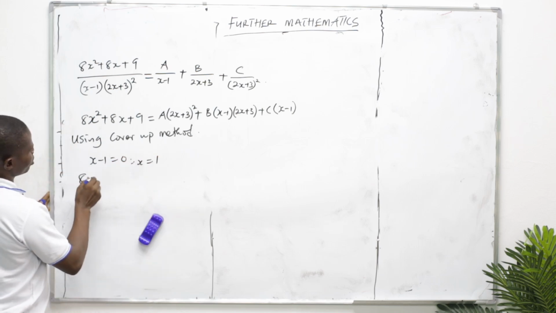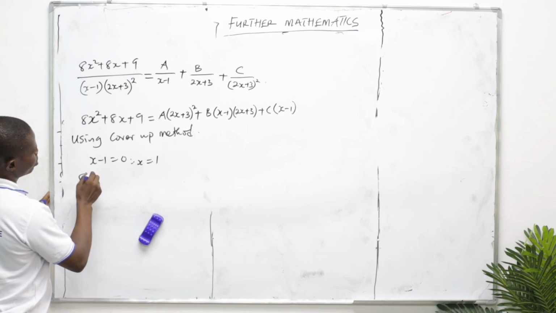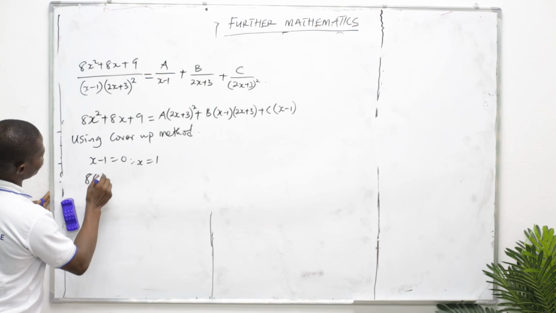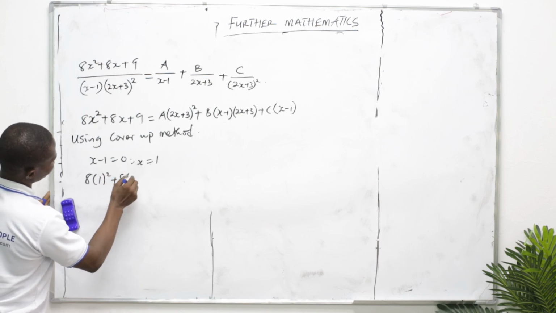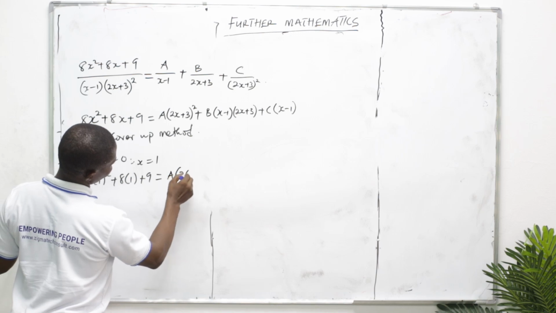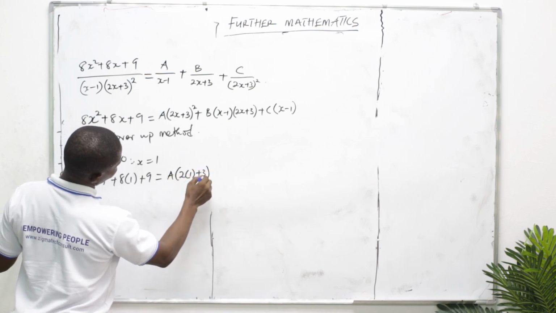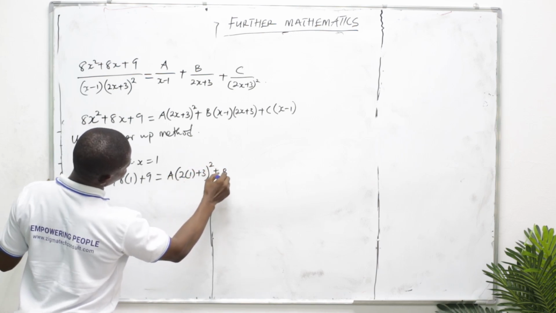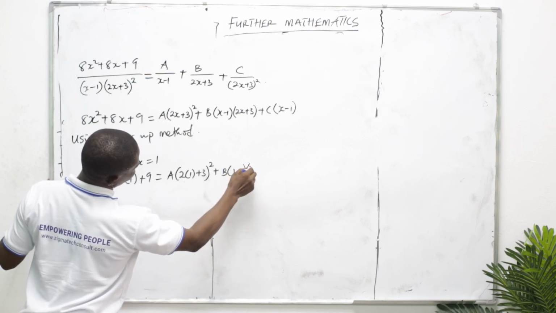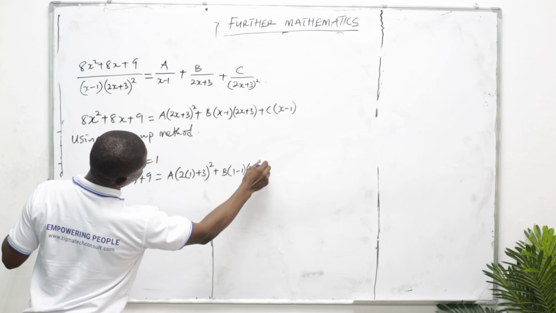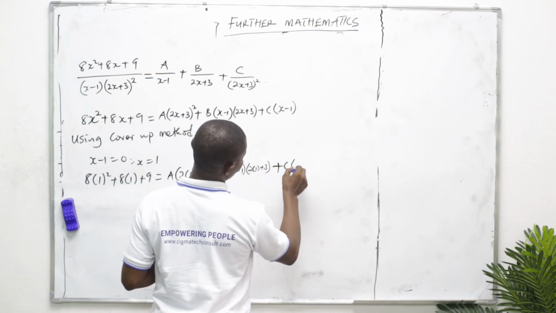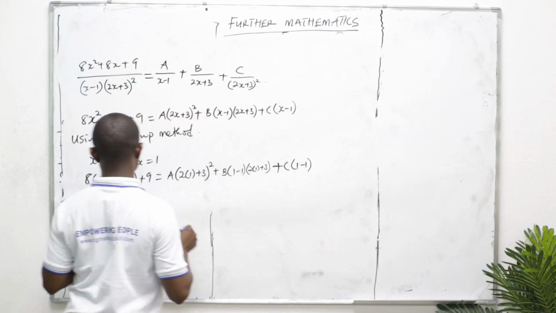So 8s squared plus 8s plus 9, that is 8 into 1 squared plus 8 into 1 plus 9 equals a into 2 plus 3, all squared, plus b into 1 minus 1, that is 0, into 2 plus 3, plus c into 1 minus 1, that's 0.